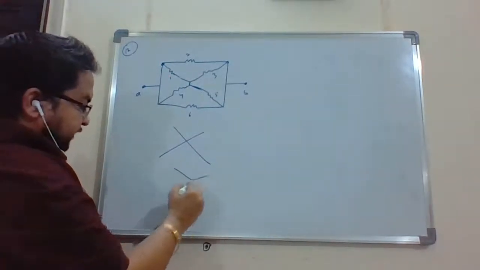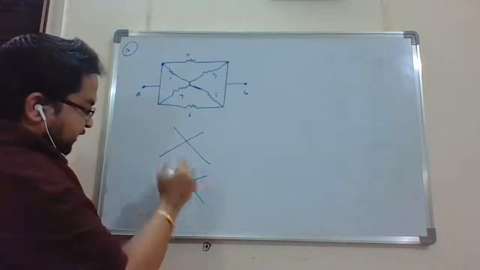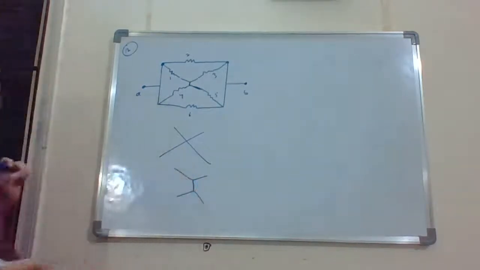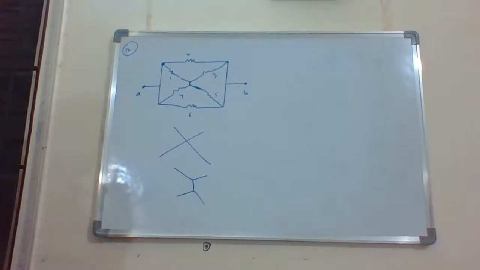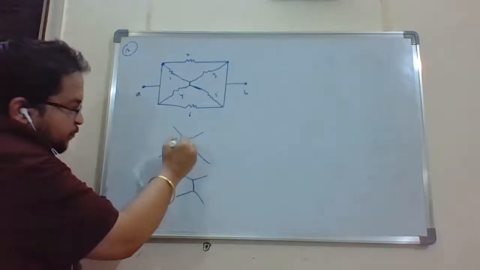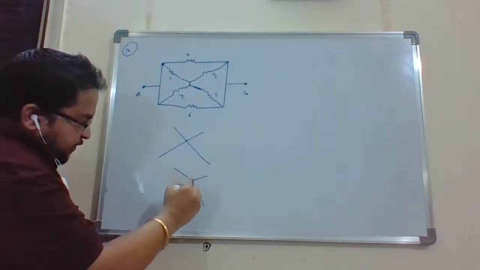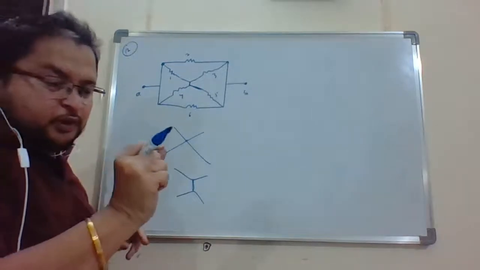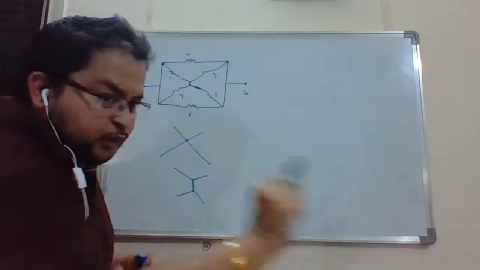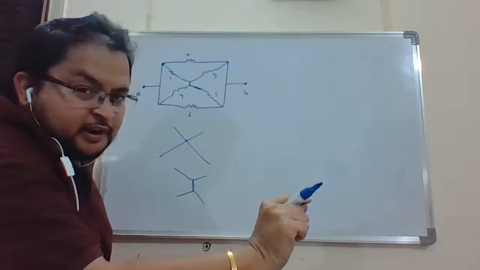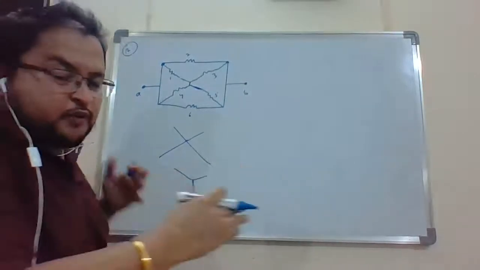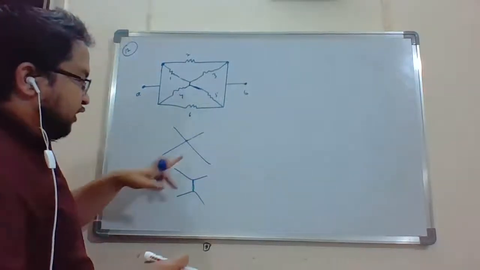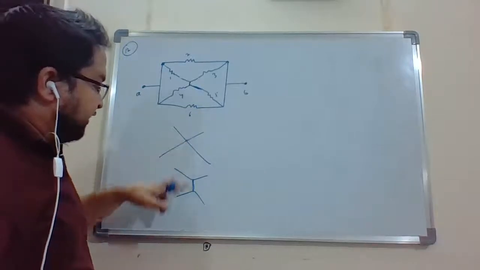So all that I have done is I have just done it like this. That is all I have done. So rather than the meeting point here, I have made this meeting point like a wire. So it doesn't matter, right? You know that even if you hold a small wire and put it into the phase of an electrical point, you will get a shock, or if you use a long wire also, you will get a shock. So it doesn't matter whether it's connected like this or like this.